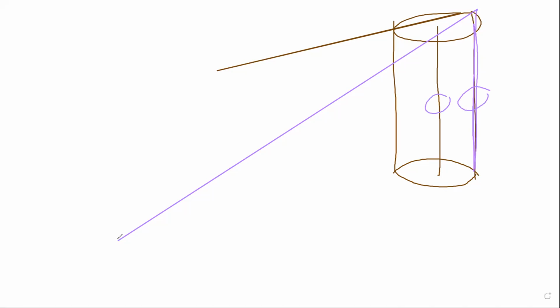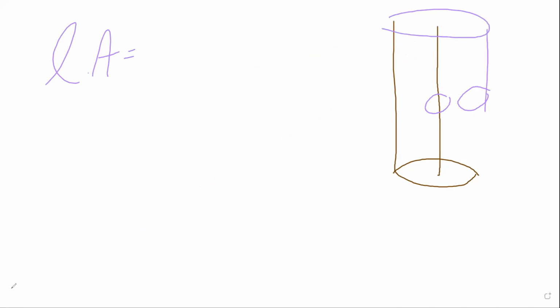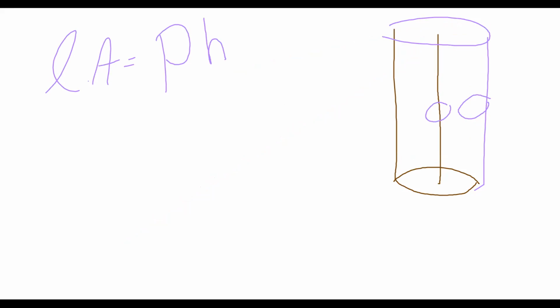Now, to find the lateral area here, we said it is the perimeter times the height. This is for the cylinder or for the prism.